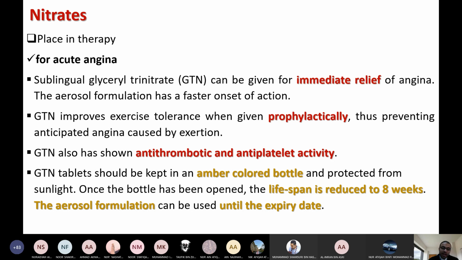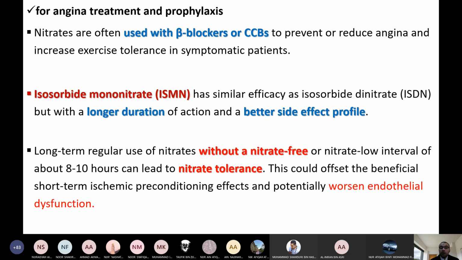Here we use it for its anti-ischemic property. For the tablets, we have to educate the patients about the amber-colored bottle, the lifespan, and how to store it to maintain the efficacy of the GTN tablet as much as we can.